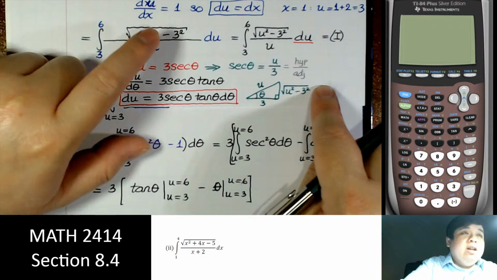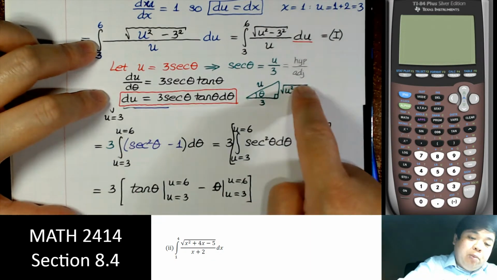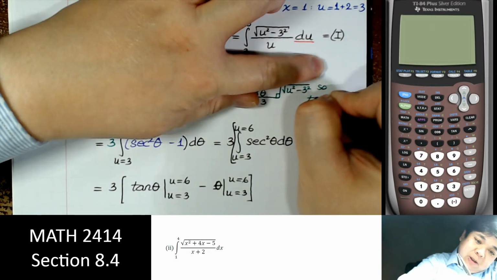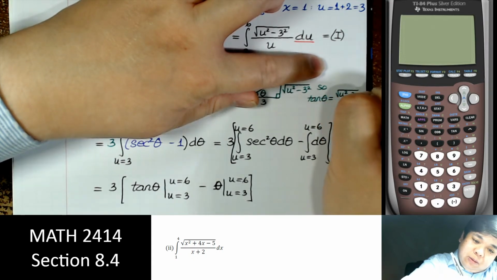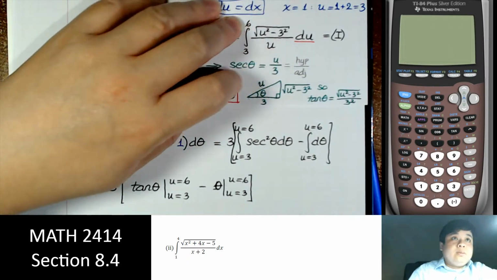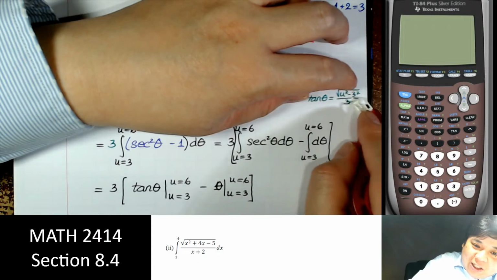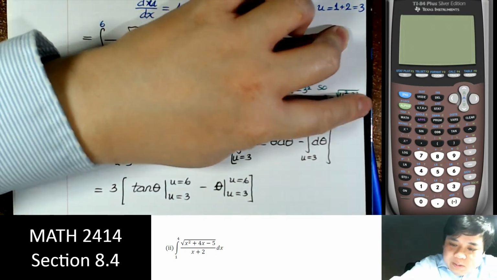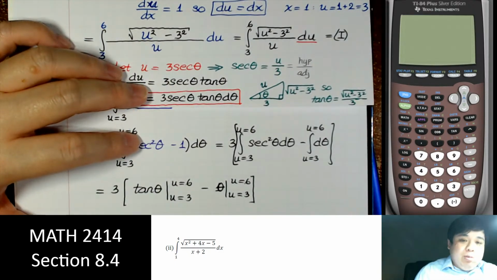Usually it's something resembling the problem, by the way. And we need tangent, opposite over adjacent, so just divide by 3. Right, so that is tangent.